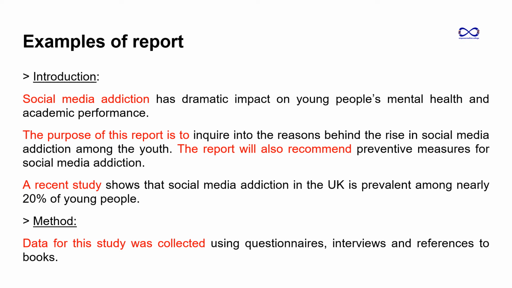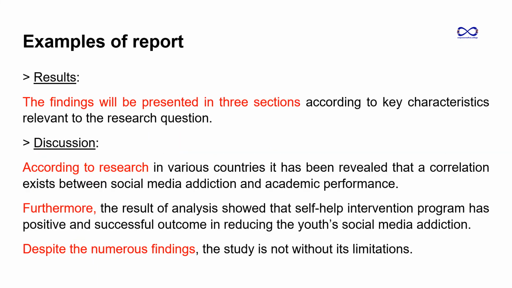A recent study shows that social media addiction in the UK is prevalent among nearly 20% of young people. The method: data for this study was collected using questionnaires, interviews, and references to books. Results: the findings will be presented in 3 sections according to key characteristics relevant to the research question.